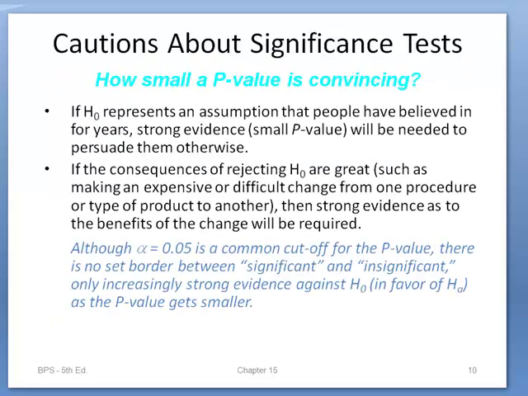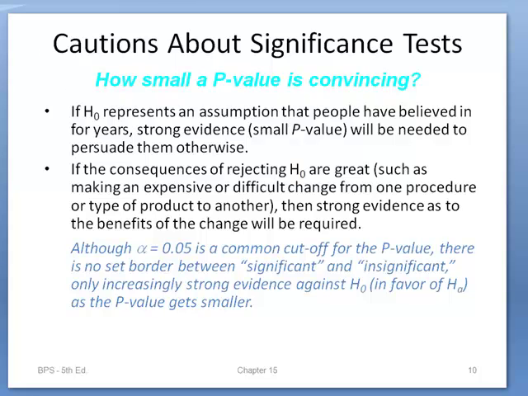Now let's take a look at significance tests. How small a p-value is convincing? Now, if our null hypothesis represents an assumption that people have believed in for years, there has to be strong evidence in order for us to reject that null hypothesis, which means a small p-value. That will be needed to persuade others to reject that null hypothesis in favor of an alternative.